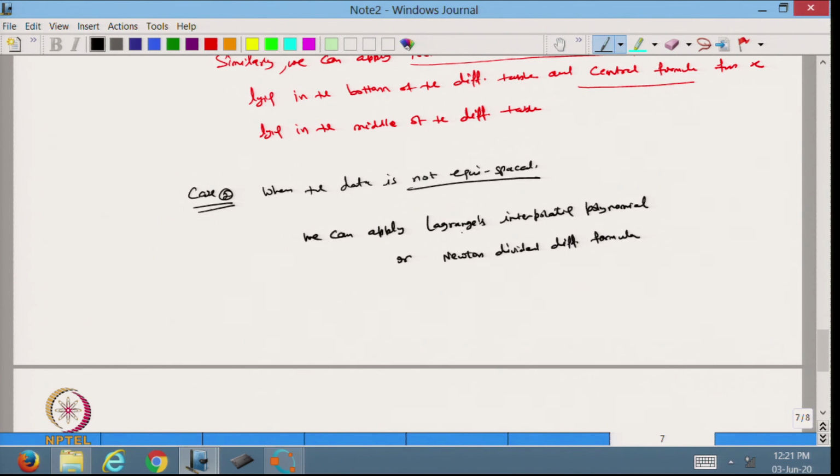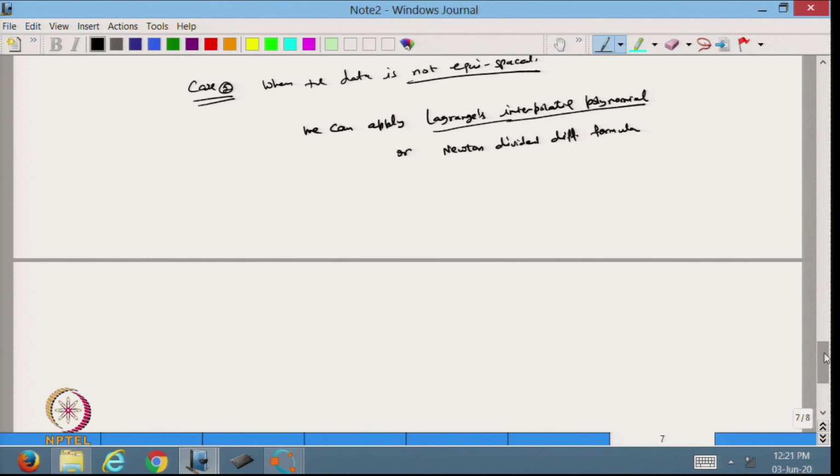So, in this case, suppose for the given data I apply the Lagrangian interpolating polynomial. So, I know that suppose I have 3 points x0, x1 and x2.